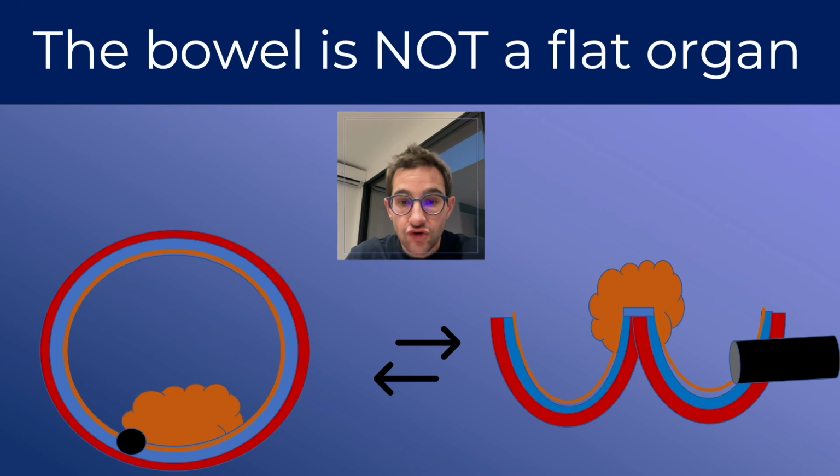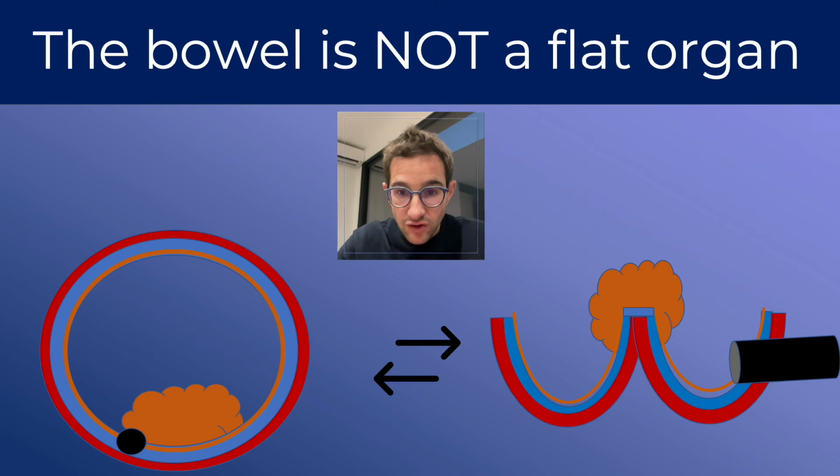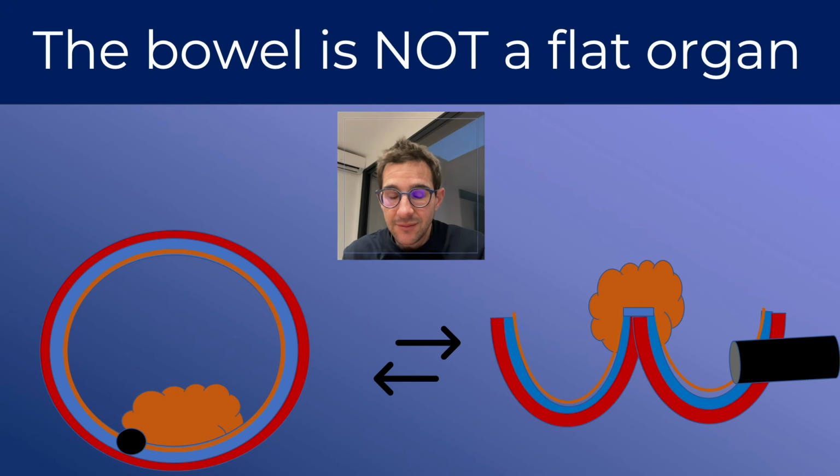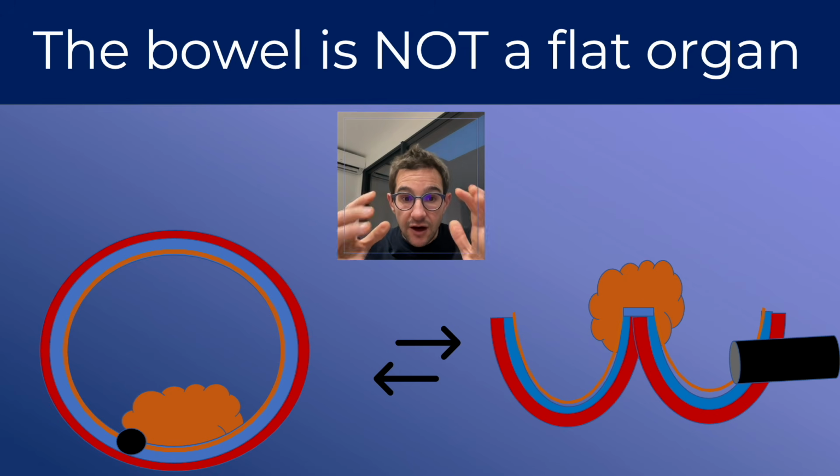So you should, if possible, have a 3D representation of the muscle and the lesion, which is for me very difficult to acquire. It means you will need time in order to understand each bowel, because in the digestive tract the round shape of the bowel really depends on the organ.